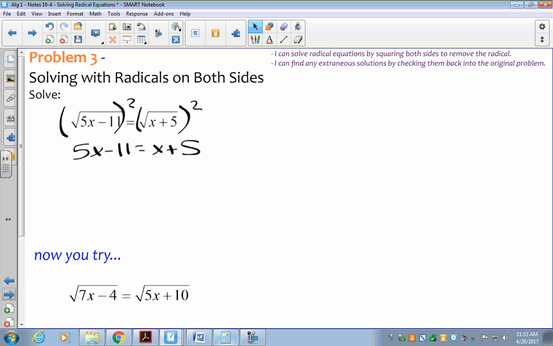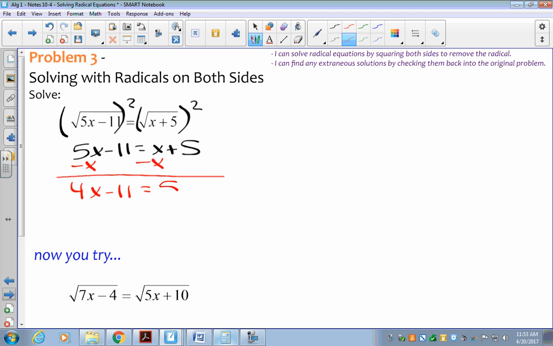So Diego, what do I do first to solve this for x? Subtract x. Yeah, love it. 5 minus x is 4x. And then Morgan, what's my next step?